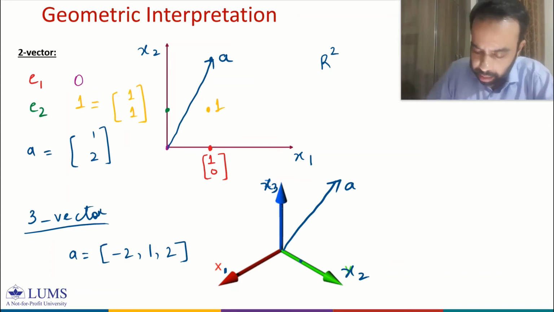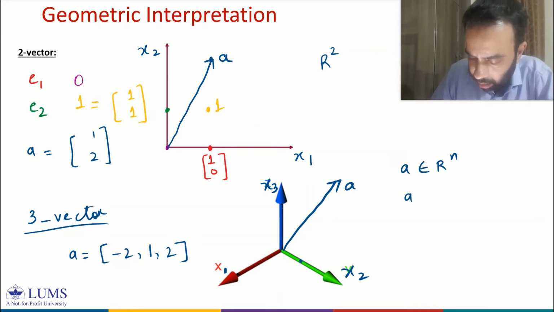We can extend this concept and say we take a vector A that belongs to Rn, and this vector would have n components and entries, so A1, A2 up to An.